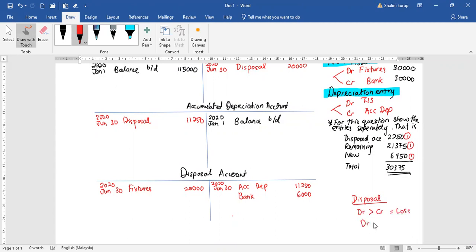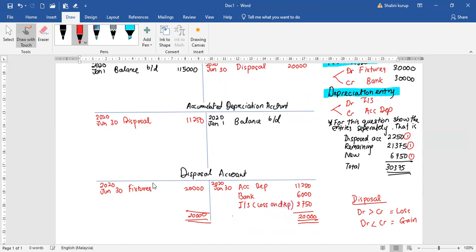And if the debit side is smaller than the credit side, this is obviously a gain. So in this question, the credit side is smaller and the debit side is bigger. So this will be 20,000. This side will also be 20,000. And the amount will be 2750, and this goes to your income statement, and this is your loss on disposal.